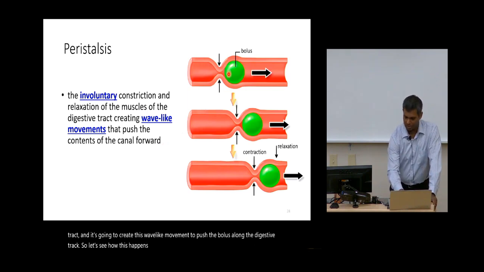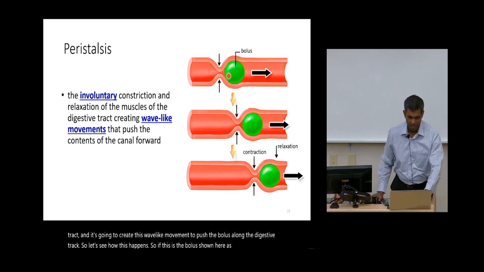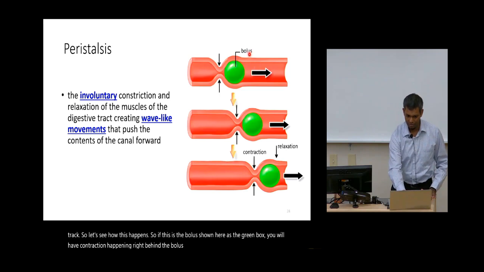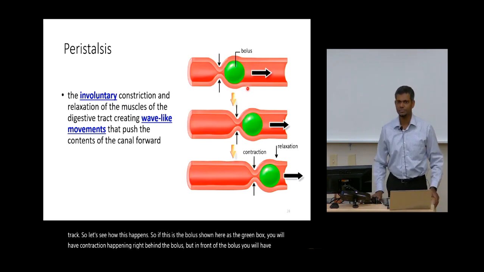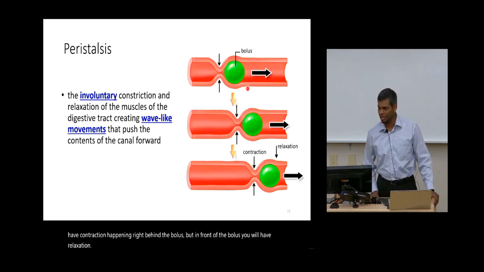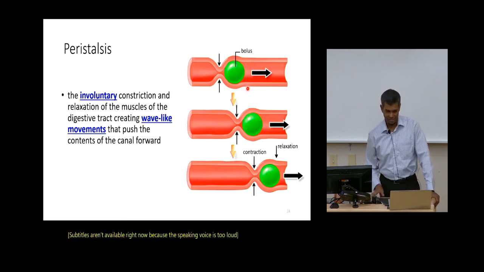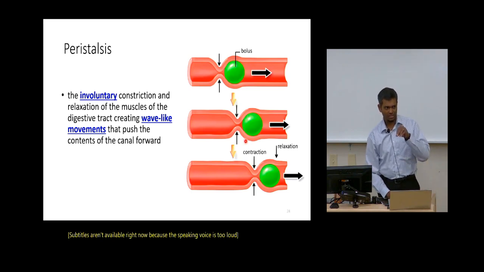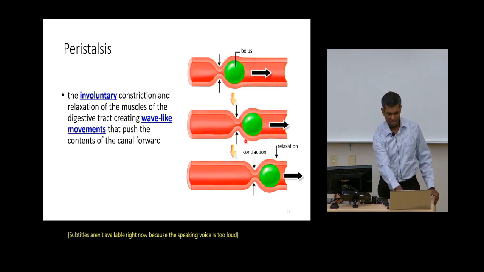If this is the bolus shown here as the green ball, you will have contraction happening right behind the bolus, but in front of the bolus you will have relaxation, right? That pushes the bolus forward, and then immediately behind the bolus there'll be contraction, in front of it there'll be relaxation, and that's how the bolus will be moved along the digestive tract.